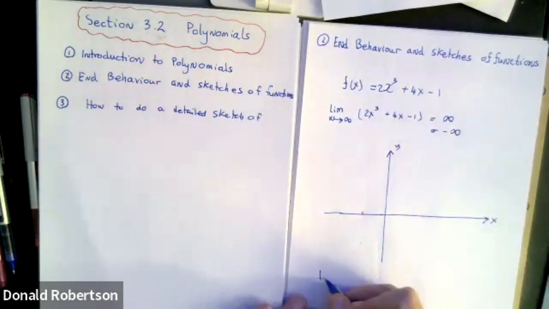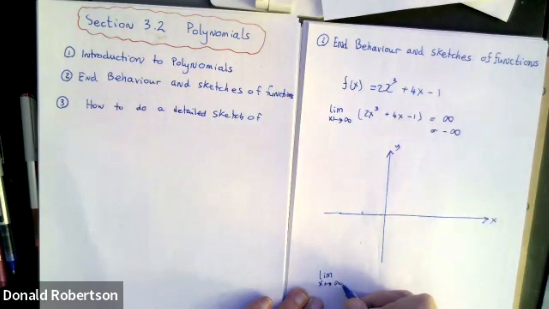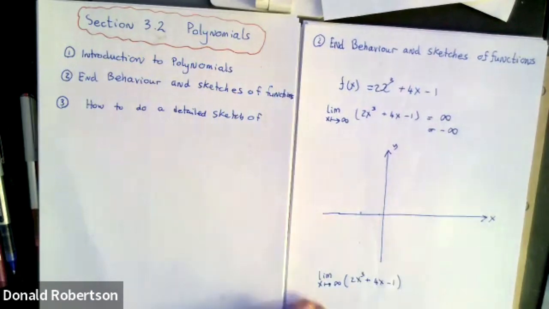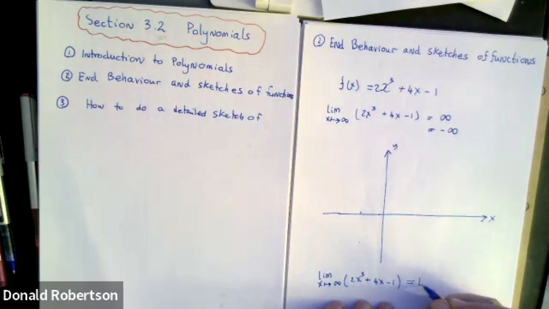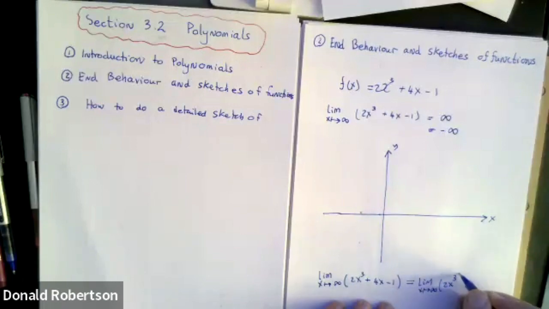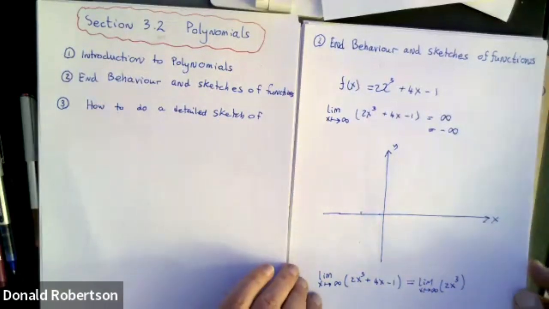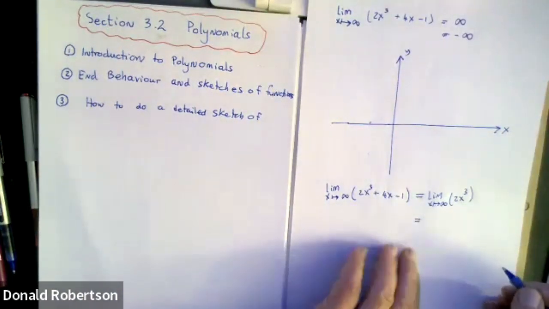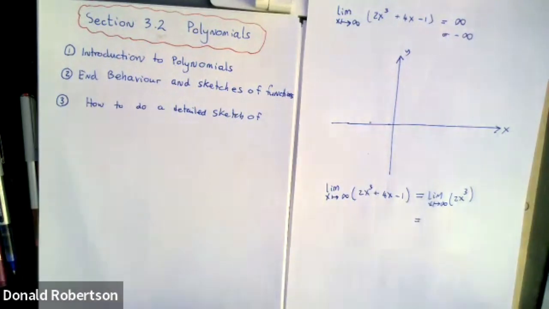Well, first thing is you only really need to pay attention, when you're trying to find the end behavior, the limit as x becomes really big and positive, to what that leading term is equal to. And the method we're going to use is a very primitive method. It's called brute force. You essentially make x infinite.